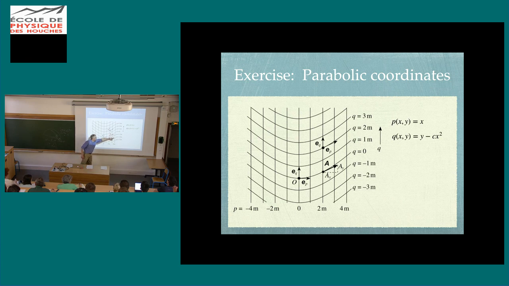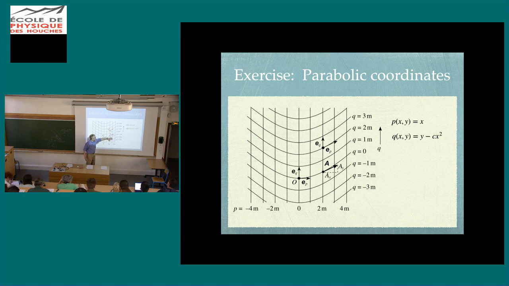But curves of constant q are parabolas like this. So that's a mapping of a flat, two-dimensional space onto a curved coordinate system. And if I've got basis vectors, you can see that the basis vectors are not orthogonal.